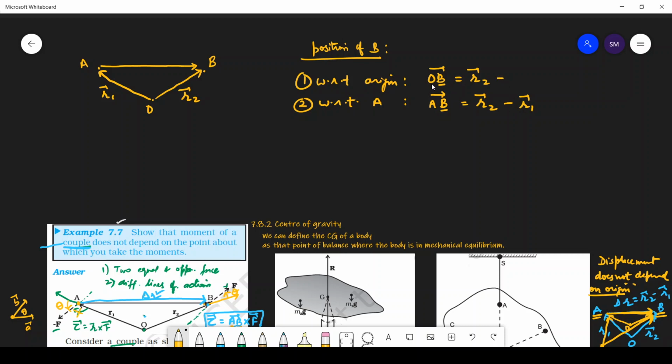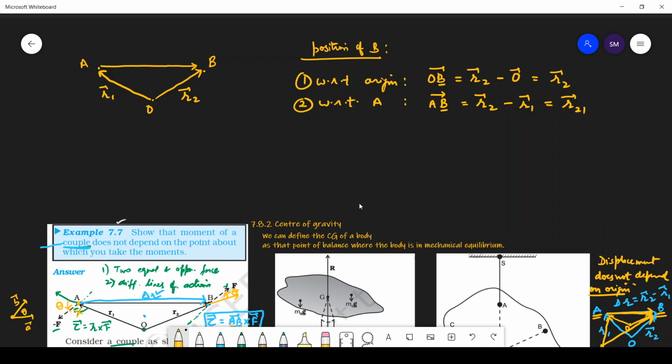Earlier you were subtracting the position vector of O, that was 0, so that remains R2. And that we write as position vector of 2 with respect to 1. That's how we write it.